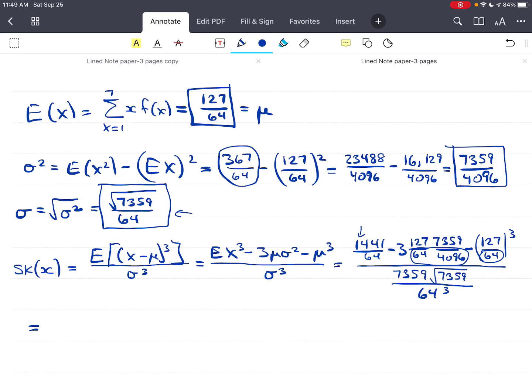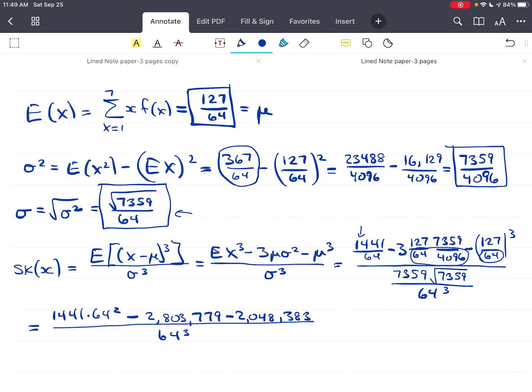And so this gives me 1441 times 64 squared minus 2,803,779 minus 2,048,383 all over 64 cubed.